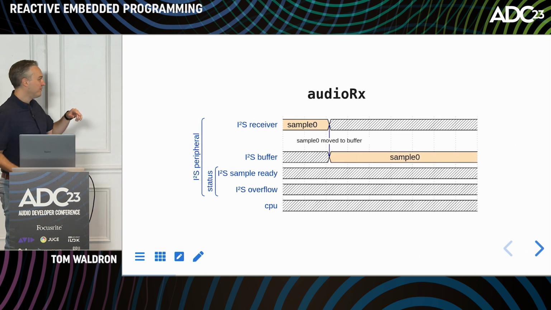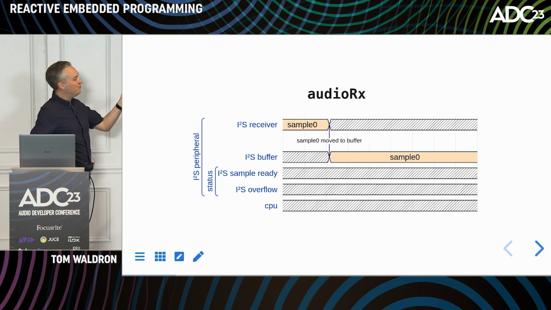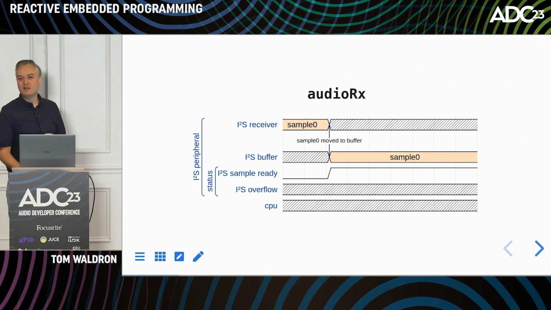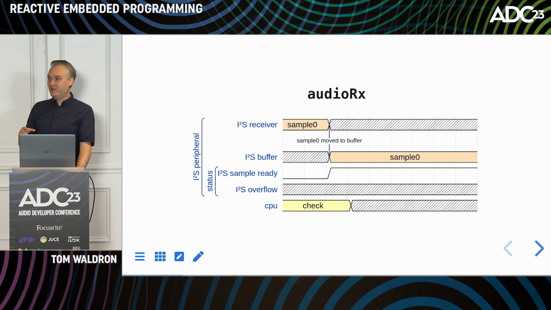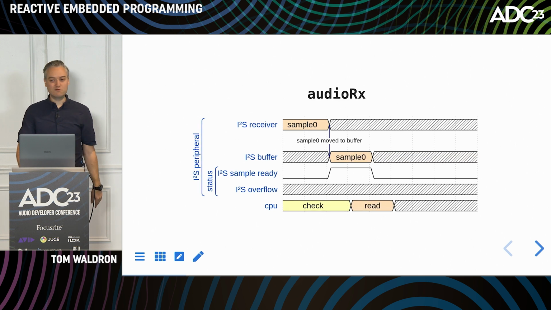At this point, we've got this audio data available. This sample's ready for us to read from the CPU, and we get this status flag, which will go high and say, by the way, I've got some audio data here. If we happen to be checking for this flag in our program logic, then we'll see this go high, and we'll read the data.